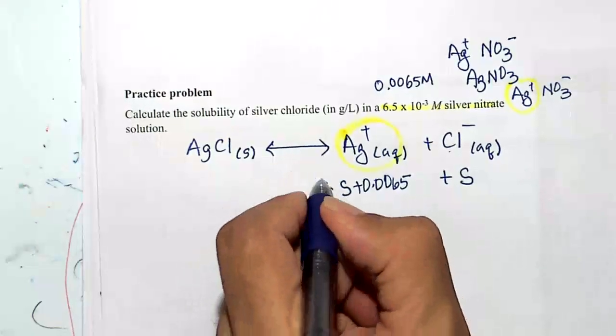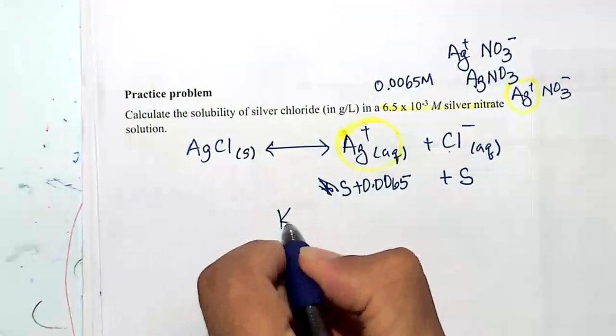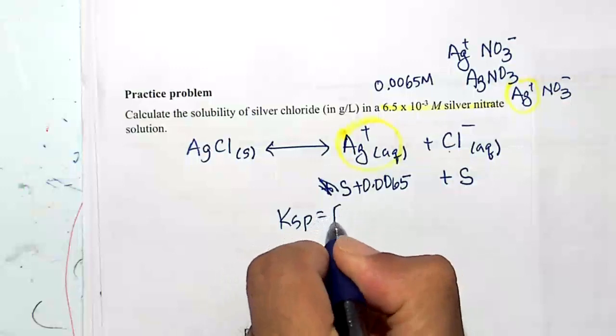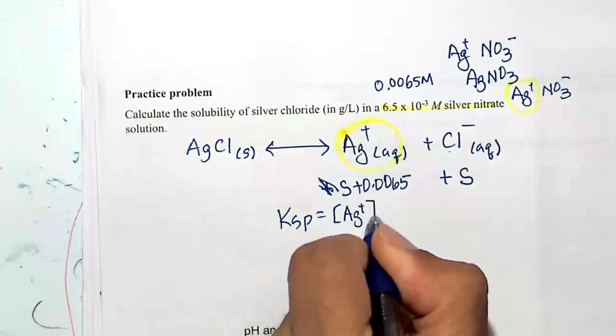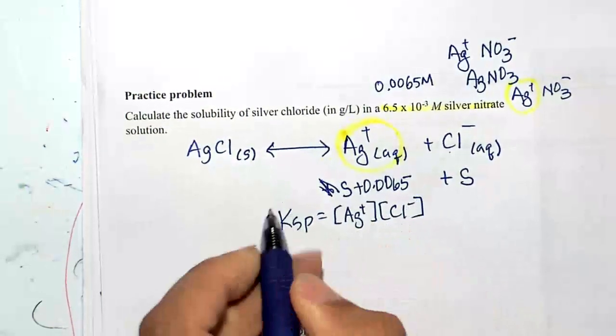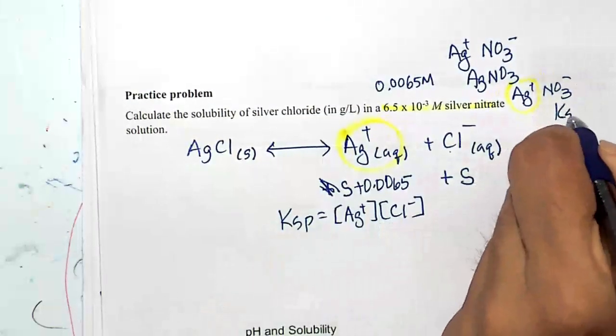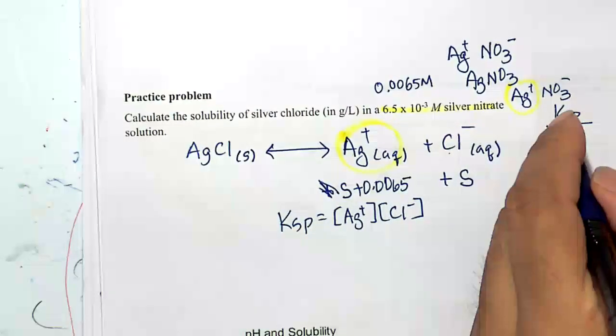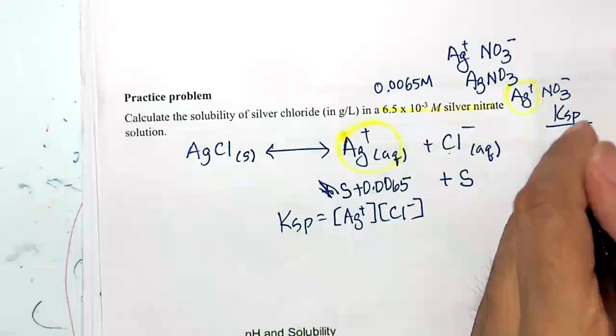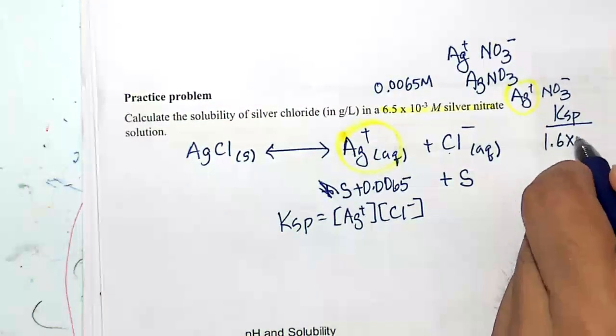All right, so we'll plug that in to our Ksp, Ag+ times Cl-. The Ksp for AgCl, I'll give you that on the exam, and that is 1.6 times 10 to the minus 10. So that's a constant you'll get on the test.